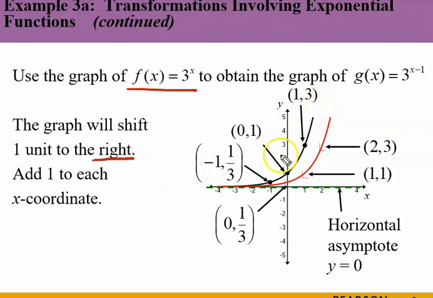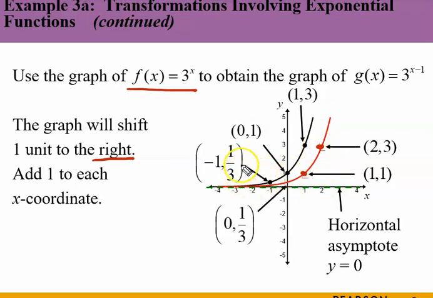So for where it was (0, 1), it's going to move over 1 and now be in this position. And then (0, 2), it's going to go over 1 to 2 now, and then up there. All right.